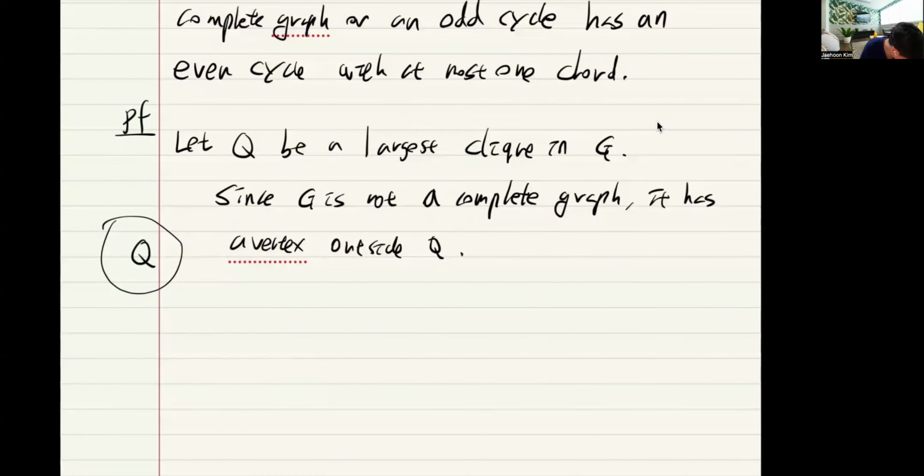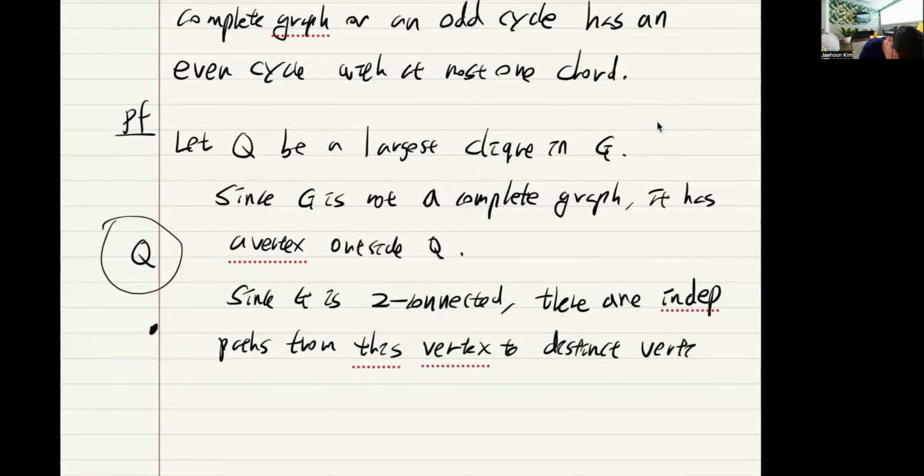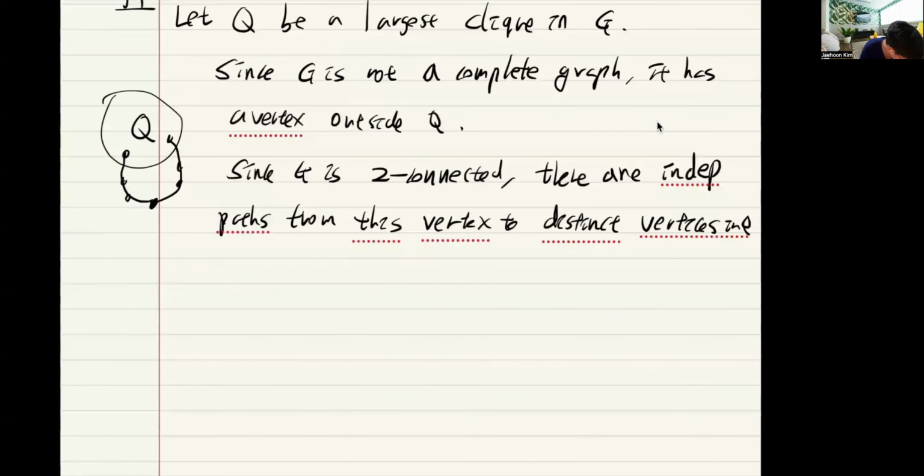So you have a vertex here. And since G is still connected, using Menger's theorem, there are independent paths from this vertex to distinct vertices in Q. So you can find paths which are independent.